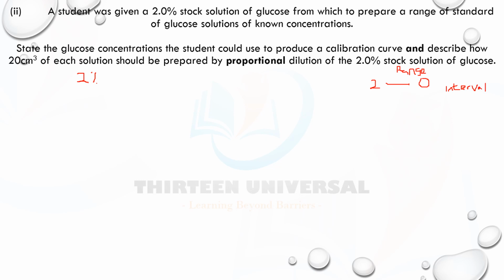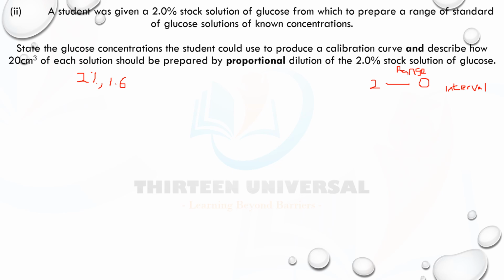Now I can choose 2. I decide to remove 0.4, so the next one is going to be 1.6. I just want to choose something that will give enough spacing, and give me enough values that run from 2 to 0.